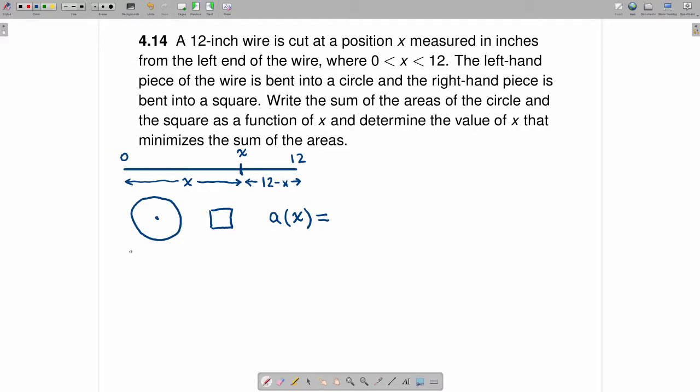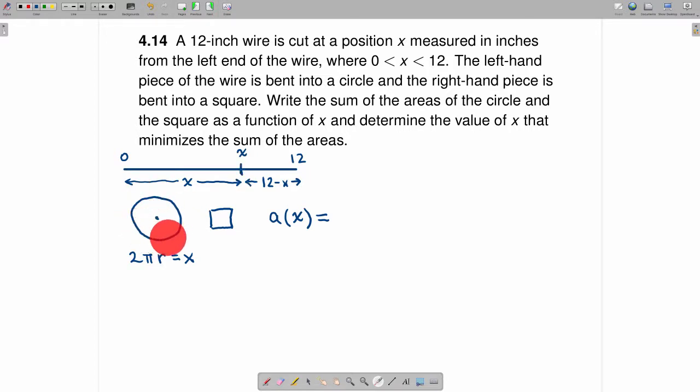So first thing I'm going to do is write down the equation for the circumference of a circle, and that circumference is 2 pi r, and I know that circumference is going to be x. The reason I know that is I've given x total length to the circle.